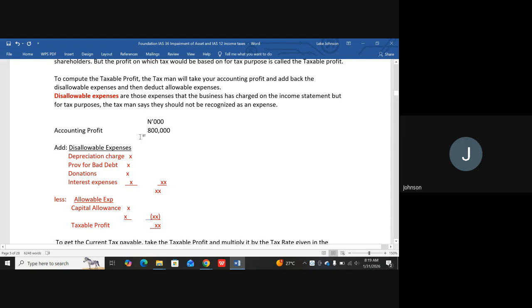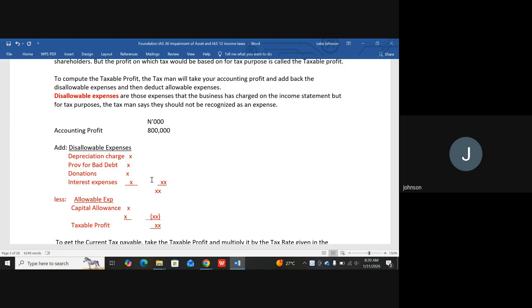You add it back because initially you would have deducted it, since depreciation was treated as an expense, though it does not involve movement of cash. So, for instance, I bought my motor vehicle in January, and I have that motor vehicle parked in my garage.